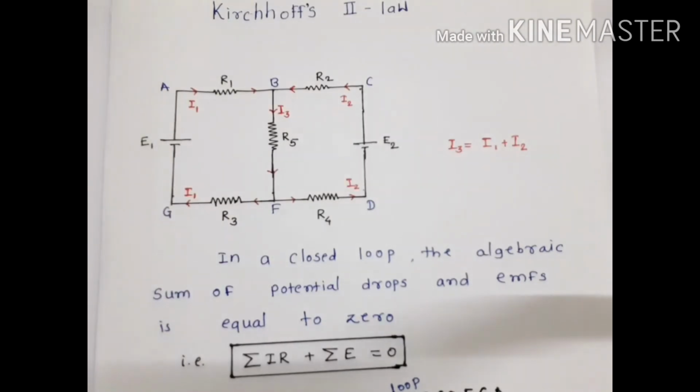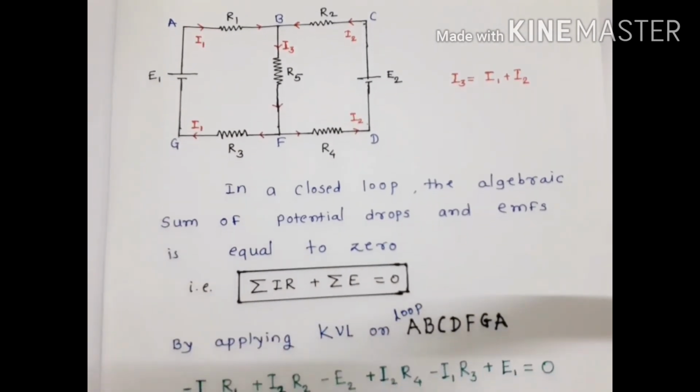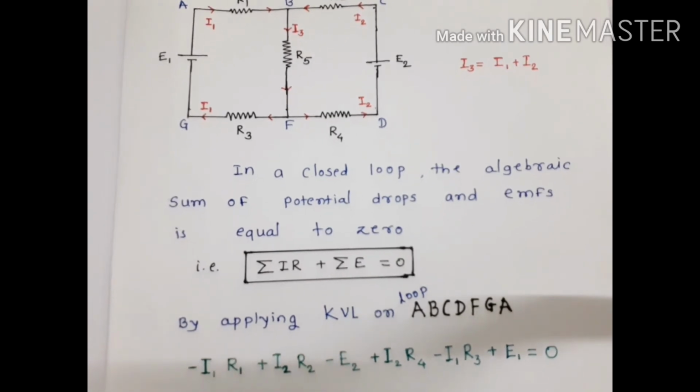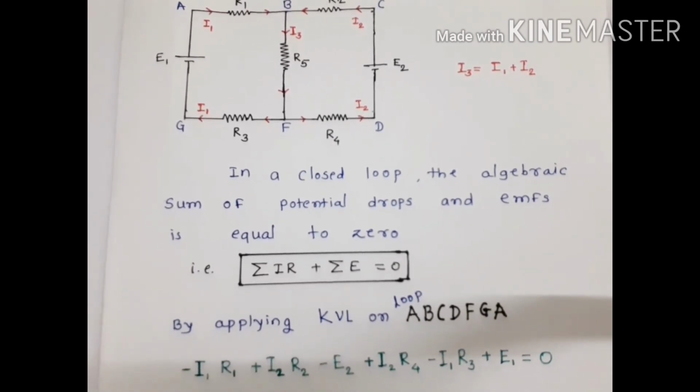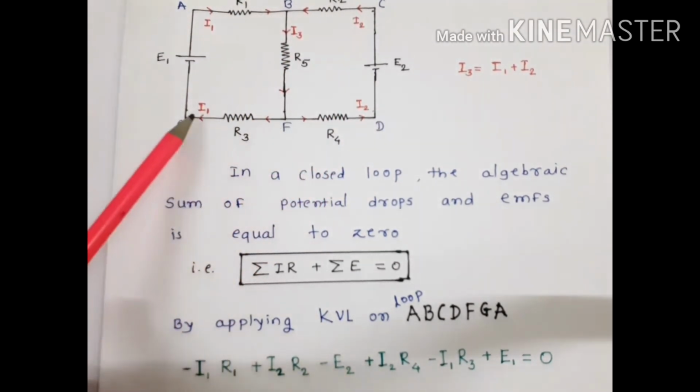Now let us start to apply the KVL law on one of the closed loops. By applying Kirchhoff's voltage law on the loop A, B, C, D, F, G, A, this is the closed loop.